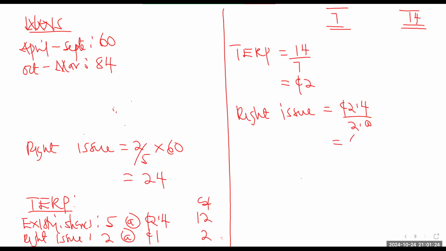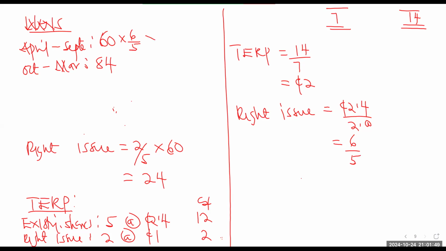So the bonus element in the rights issue will affect the shares existing before the date of the rights issue. So 6/5 multiplied by this number of shares.